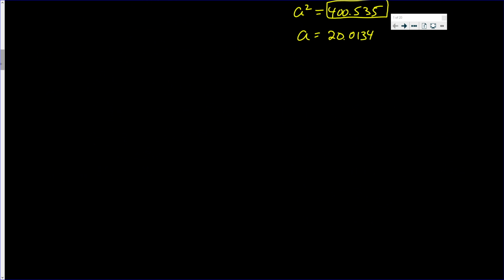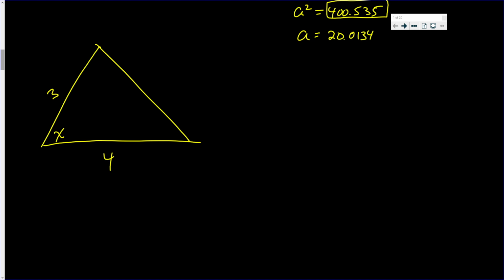Let's try another problem. This time we want to find out what x is, and we are given these three sides. But notice, again, we don't have a pair. We have the unknown angle and the side opposite it, which is good to have one unknown. But we need another pair, an angle and the side opposite it, to use the law of sines.